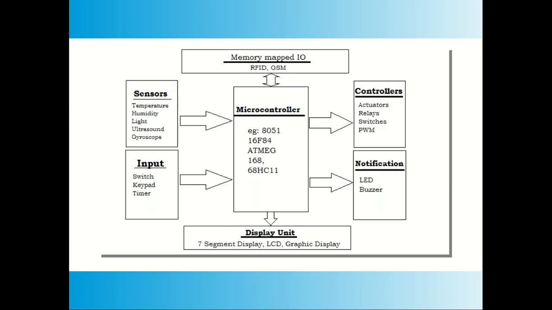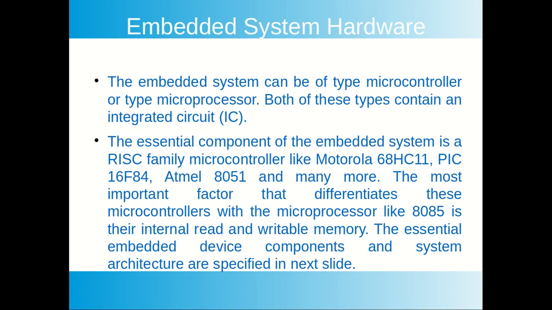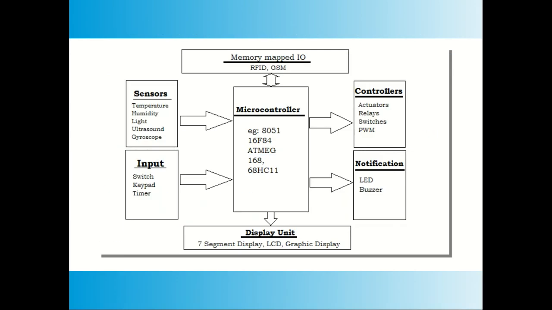Now, this diagram shows the architecture of an embedded system. The required components of embedded systems are sensors, microcontroller, input, controllers, and notification device or display unit.